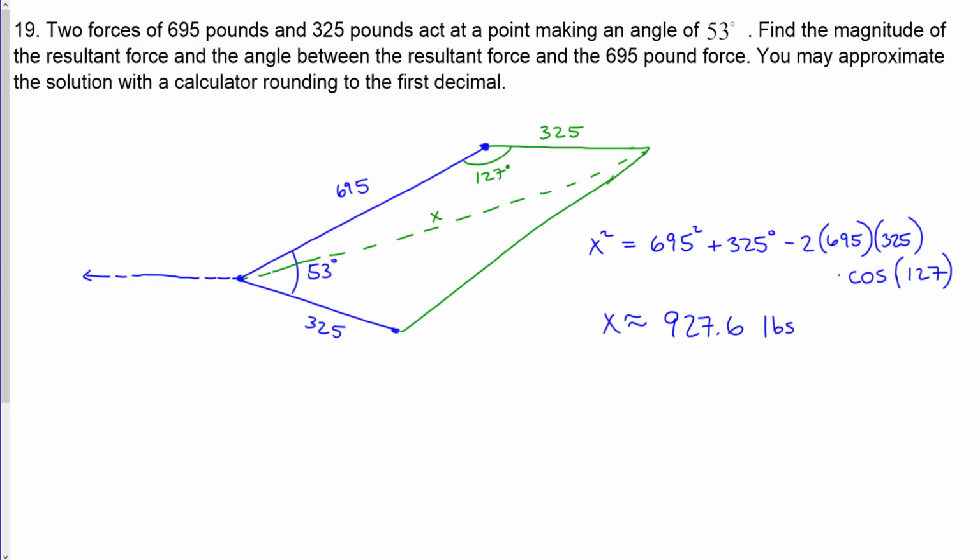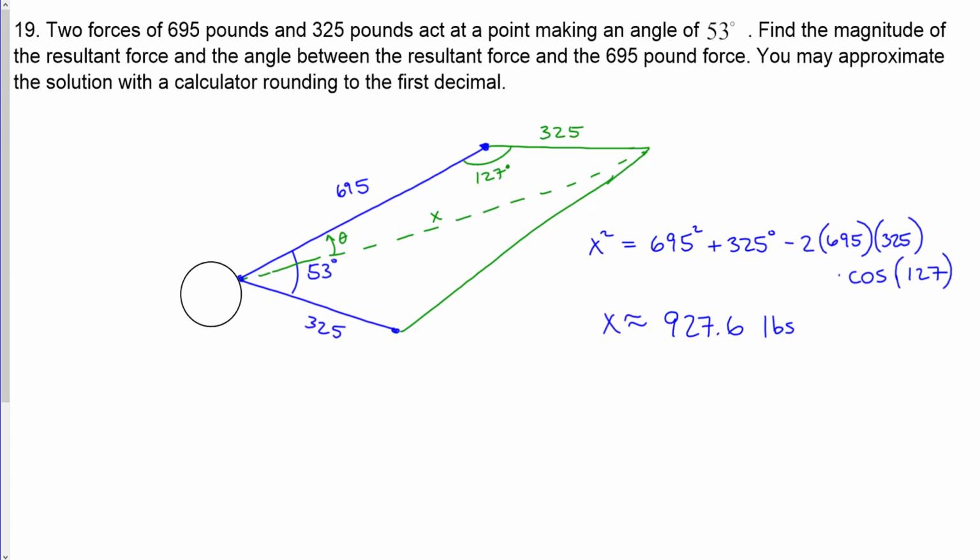Okay, now the angle between the resultant force and the 695 pound force. Let's get that next. Now this can be a little bit tricky because the first angle that's actually easiest to solve for would be this one. I'll call this theta. But that's not the angle between the 695 and the resultant force. So let me draw this a little bit better.